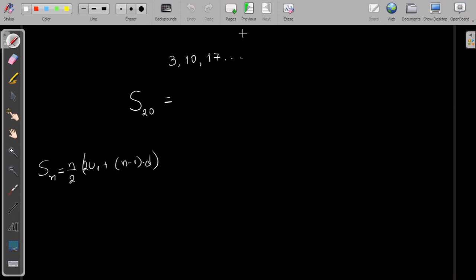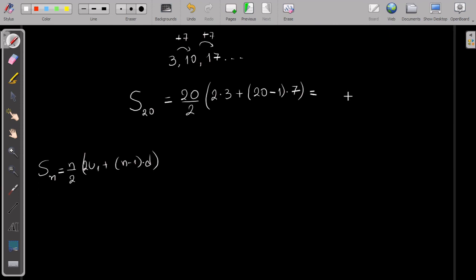So now, if I want to calculate the sum of the first 20 terms, it's going to be 20 over 2 times (2 times the first term, 3, plus n, which is 20, minus 1, times d). The common difference here, you see, is plus 7, so it is 7.